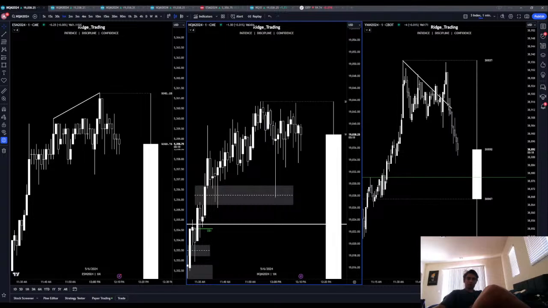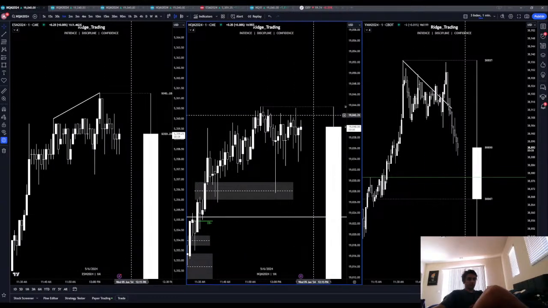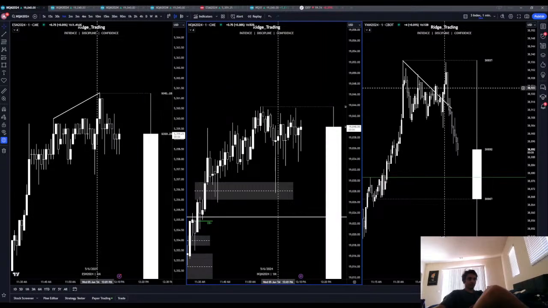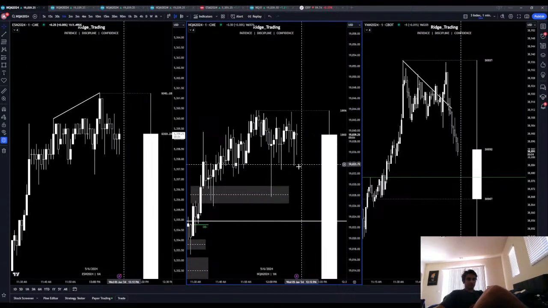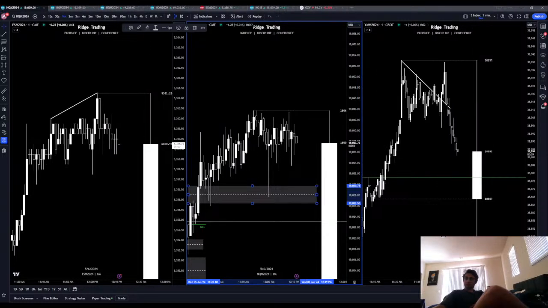Still not really sure, honestly. We're just in this no man's land here. Kind of anything can happen in this area. If I had to guess, with all these wicks, we're probably gonna take this high at minimum. But like I said, this is still in no man's land with how shitty this price action is.